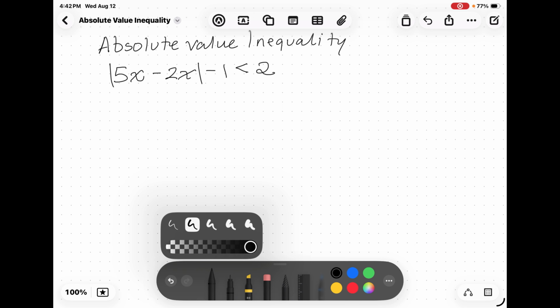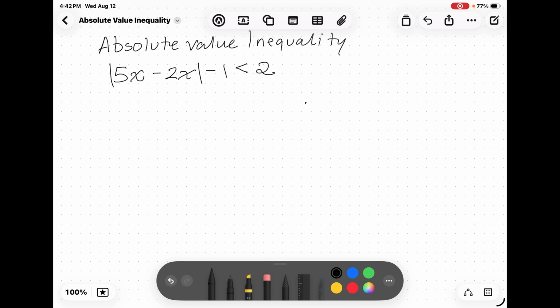If you're looking at this video, presume that you have taken some algebra. And you know something like this: the absolute value of x equals 5 means that x could equal 5, or x could equal the opposite of 5.